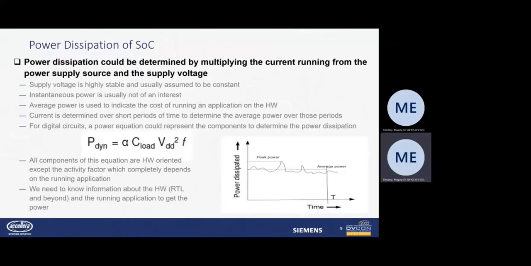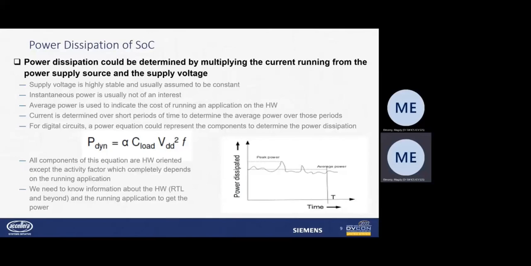Short circuit power is well accepted in academia and industry to be much less than 20% of the total power dissipation of the circuit, so no one is interested in determining it. Leakage power completely depends on the size of the circuit, so it is independent of the application or the activity on the hardware.